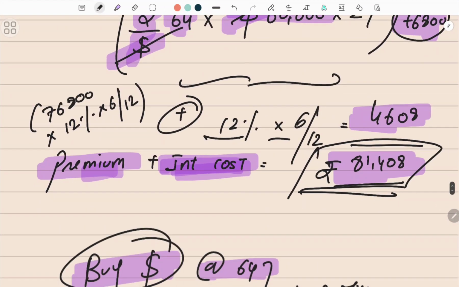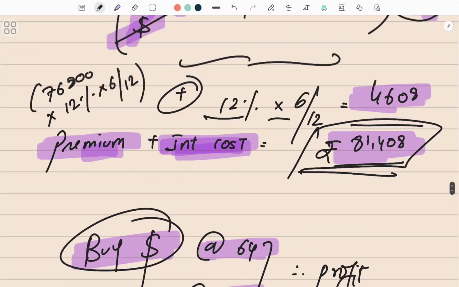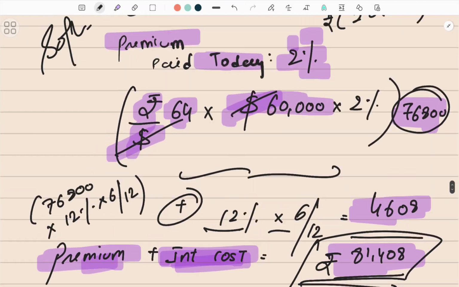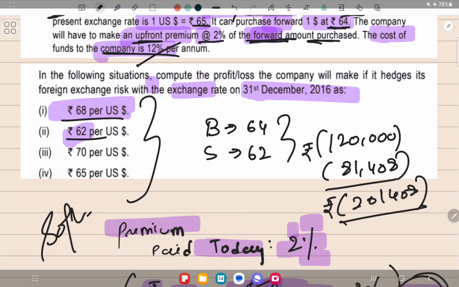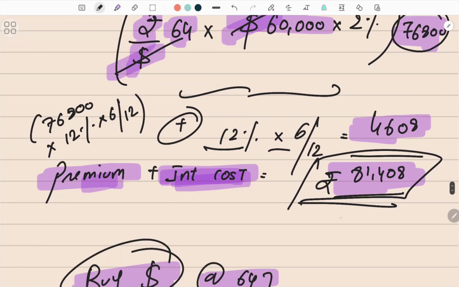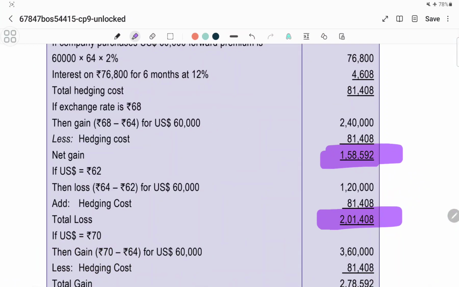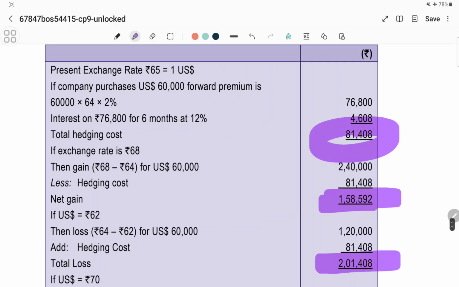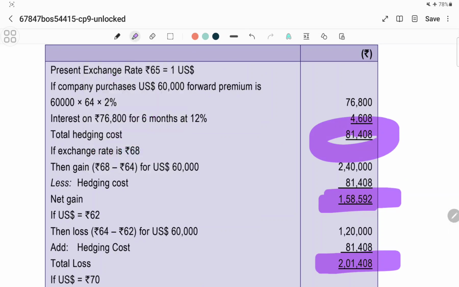I think I'm correct. 158,592, and the next one was 201,408, correct. And your premium plus interest was 81,408, which will be in all scenarios. See this, correct? I'll reduce the highlighter level because then you cannot see anything. Okay, are you able to understand?